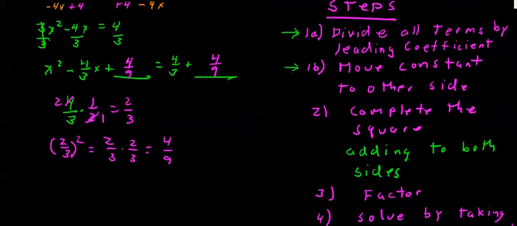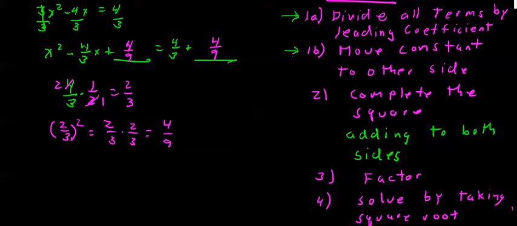Then we have to factor. Well, I'm going to write something down that's not part of this problem just to refresh our memory. When we factored before, if we had x squared minus 4x equals 1 plus something, and let's change that to a 6, just to make it easier to understand, minus 6x.